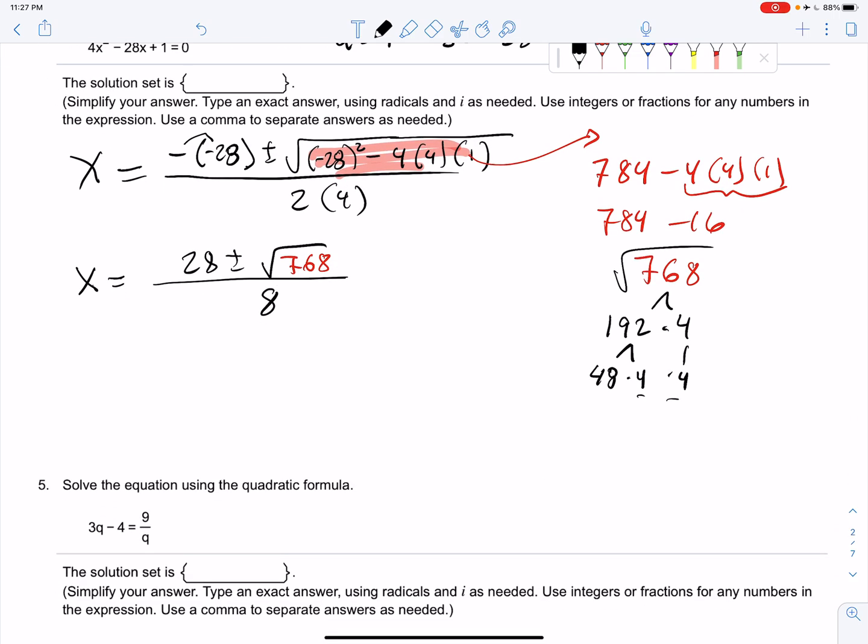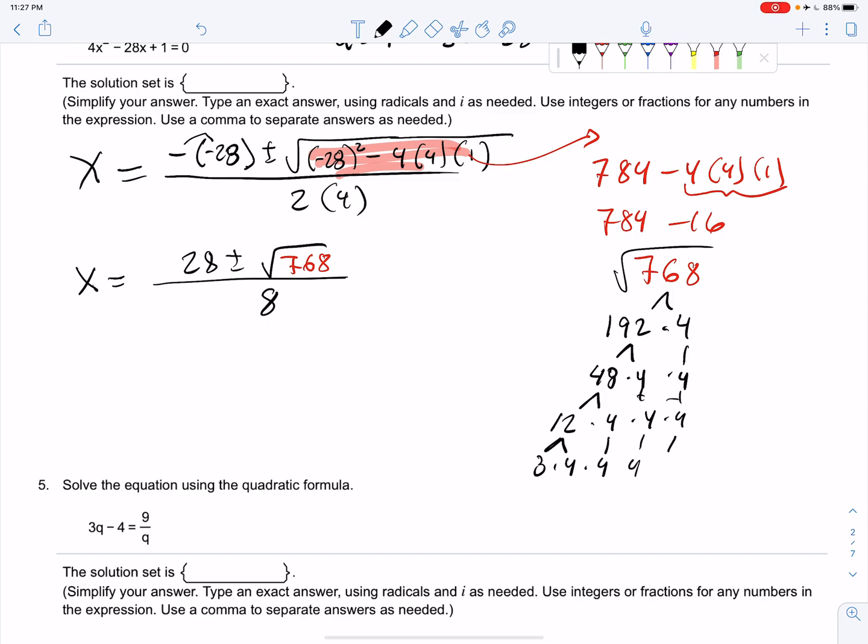So you already have one perfect square there. Are there more? I don't know. What if we divide 48 by 4 again? So now we have a perfect cube. We want perfect squares, not perfect cubes. And this is where you know that 12 is just 3 times 4.